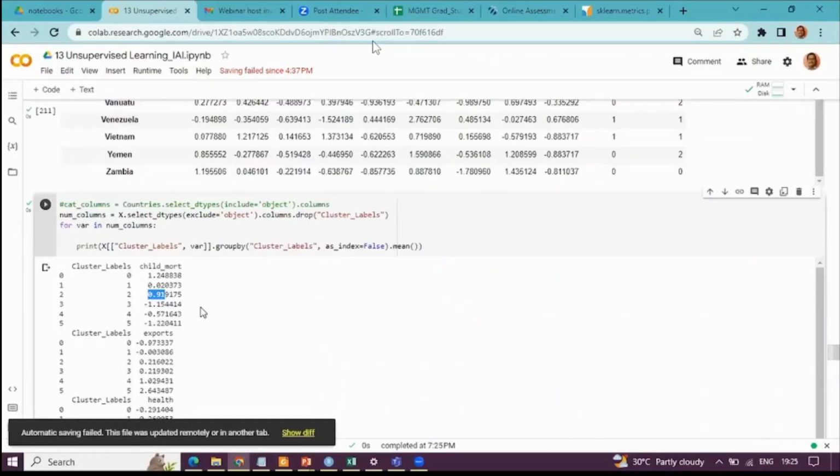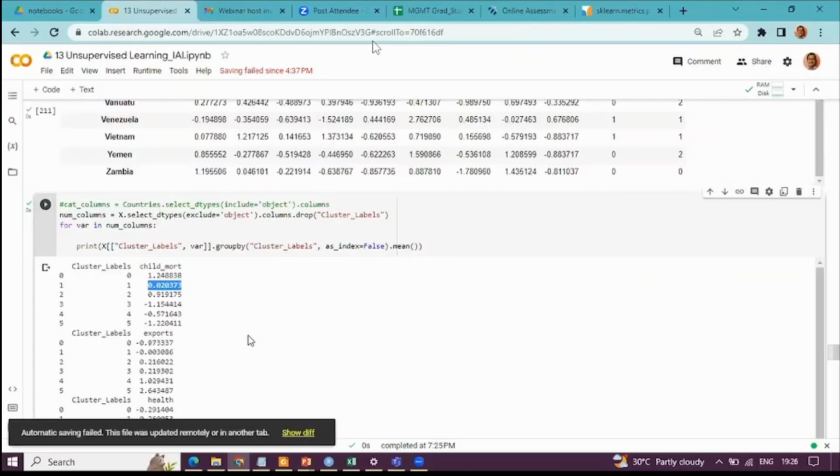And cluster 3 and cluster 5, both of them are very low on mortality, right? And even cluster 4 is also moderately lower. You may have to give some such kind of words, right? Cluster 1 is more or less average on the mortality.